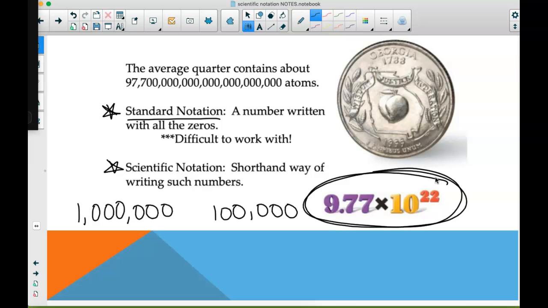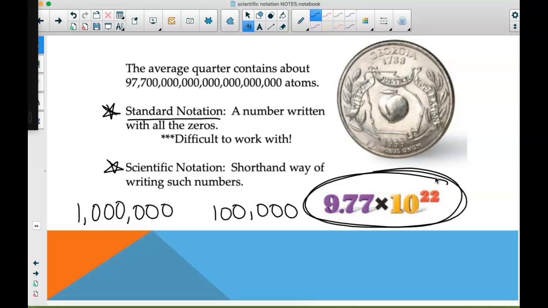Is that a big deal? Let's say you were an accountant for this millionaire and he had $1 million and you accidentally forgot a zero and told him he only had $100,000. That's like a $900,000 mistake. Oops. You might not have a job anymore.